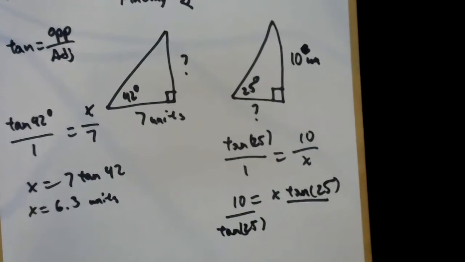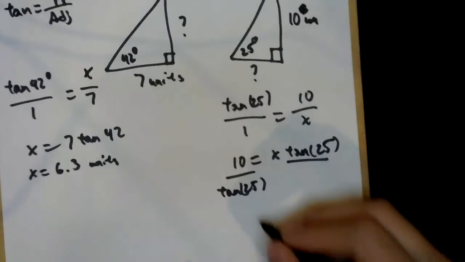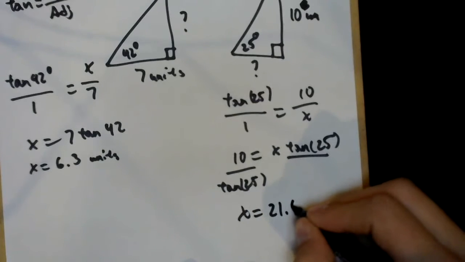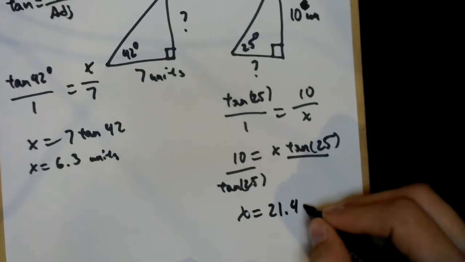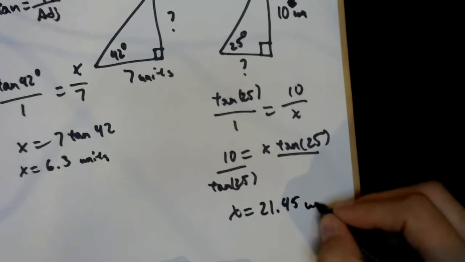Plug that into your calculator. And you should get x equals 21.4. We'll round up to 21.4 units.